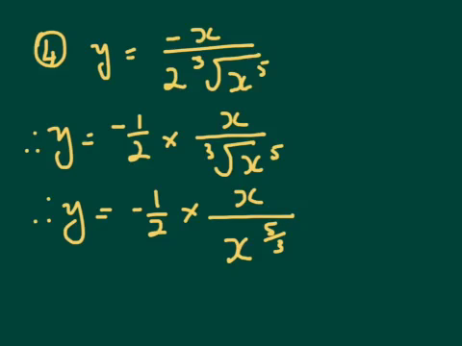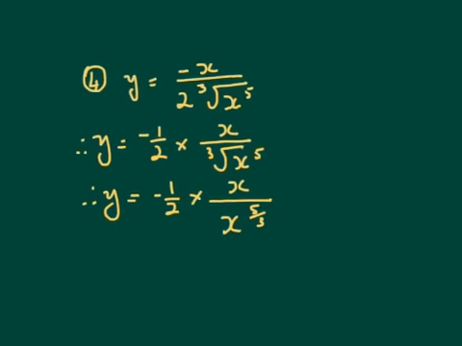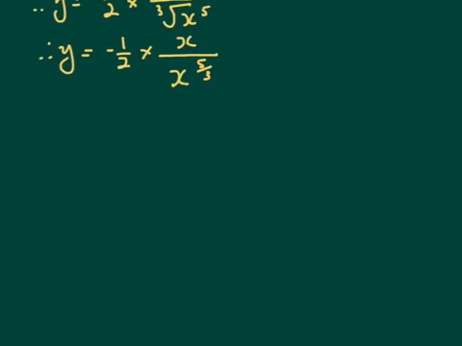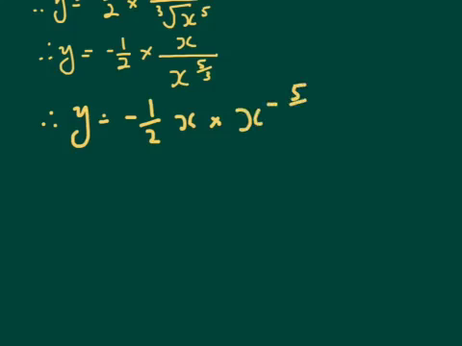Okay, let's make ourselves some extra room here. Now, we can get this upstairs by simply reversing the sign of the index. So let's do that. Y equals negative a half x times x to the power of negative 5 on 3.